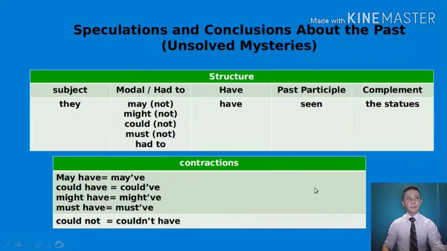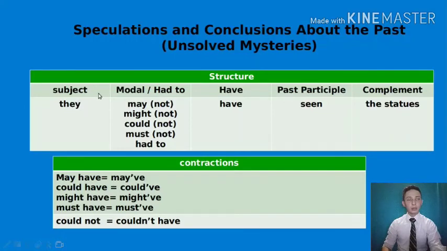Let's see here. For speculations and conclusions about the past, for unsolved mysteries or something, we can use all of these: may, might, could, must, and had to. We have the grammar structure here.